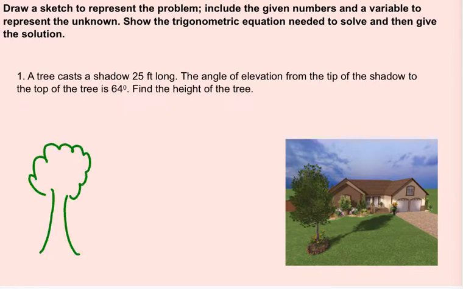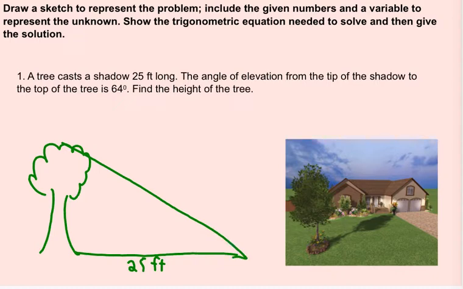I realize I have the drawing skills of a second grader, but I don't care. So the shadow reaches here, and that's 25 feet long. And the angle from the tip of the shadow to the top of the tree is 64 degrees. And what they're trying to figure out is, what is the height?